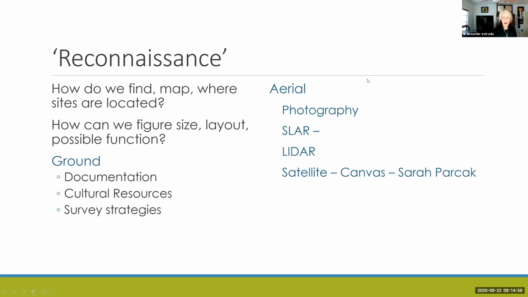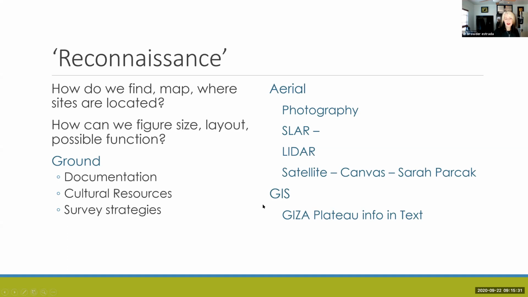Then aerial techniques, there are a few mentioned in your reading. We're going to look real quickly at aerial photography, an aerial process called SLAR, and an aerial process called LIDAR. And then, not today in the presentation, but in Canvas, you have a little bit of video talking about satellite aerial reconnaissance.